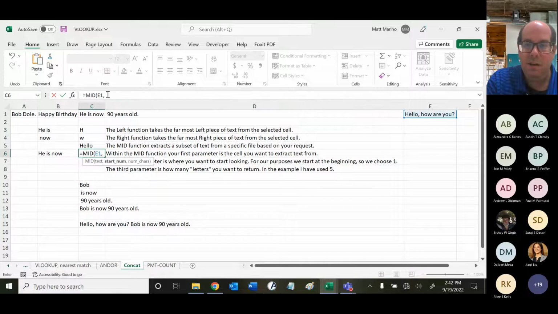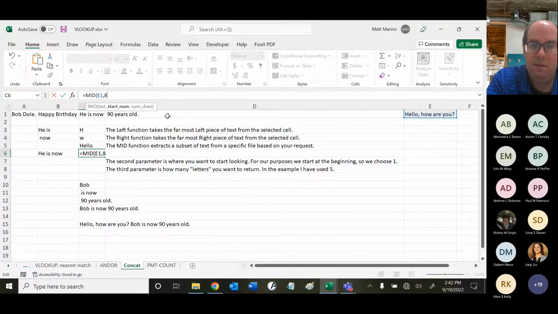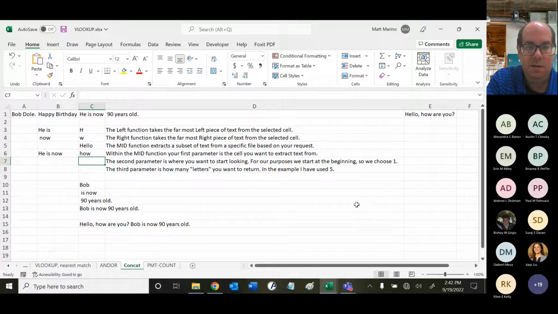So 8 is our start number. And then our number of characters? HOW, right? 3, right? So what happens when we click enter? We get the word how.